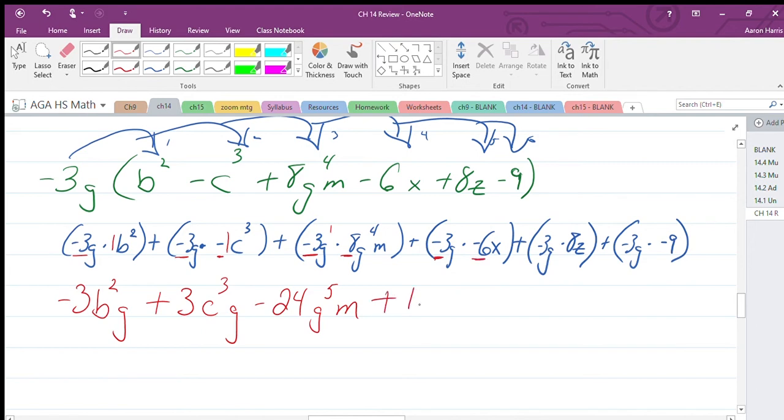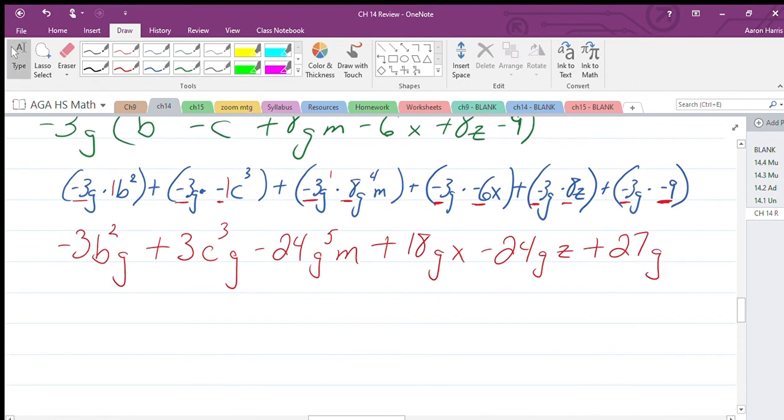So positive 18. G and x. So g times x. Negative 3, positive 8. So that is negative 24. A g and a z. Negative 3, negative 9. That's a positive 27g. And they're all in order right from there.